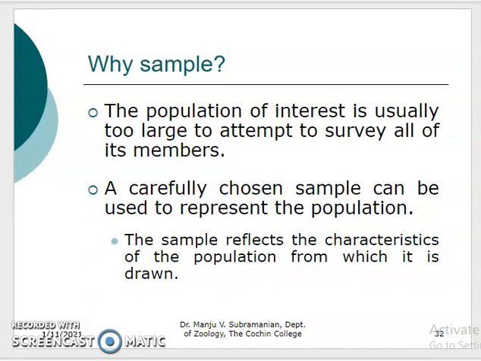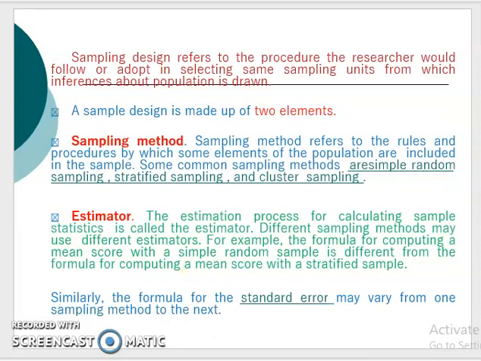A carefully chosen sample can be used to represent the population. That is, a sample reflects the characteristics of the population from which it is drawn. That point is very important, and that is the importance of a sample.